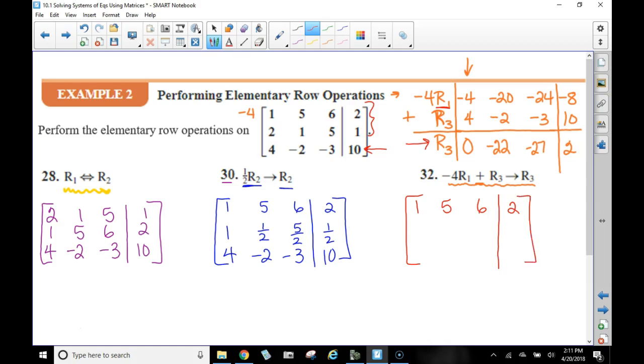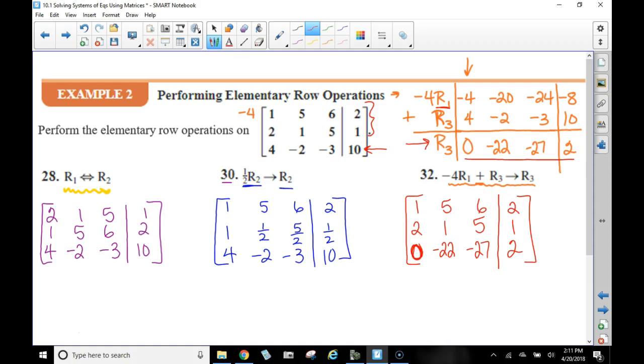The second row, we didn't mess with it at all. It's 2, 1, 5, 1. But now my new row 3 is 0, -22, -27, and 2. So we like that. We like to get it like this only because we have a 0 right here. That's going to be one of our goals.